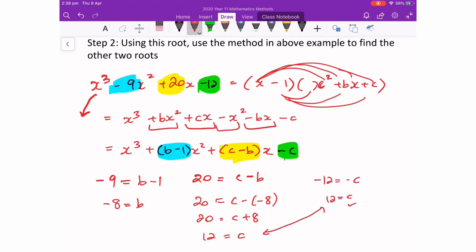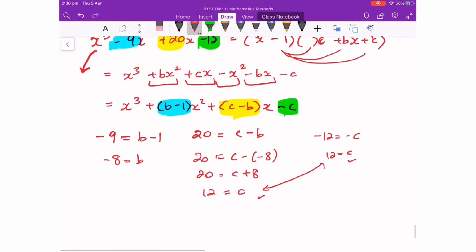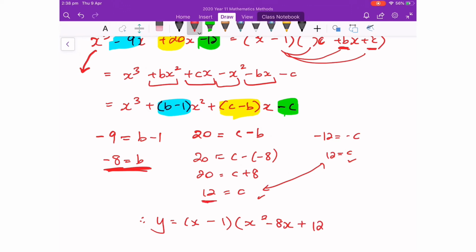Those match up, which is good. That means, therefore, y is equal to x take 1, x squared. Now my b is -8, so it's -8x, and then plus 12 because that's the same as that.